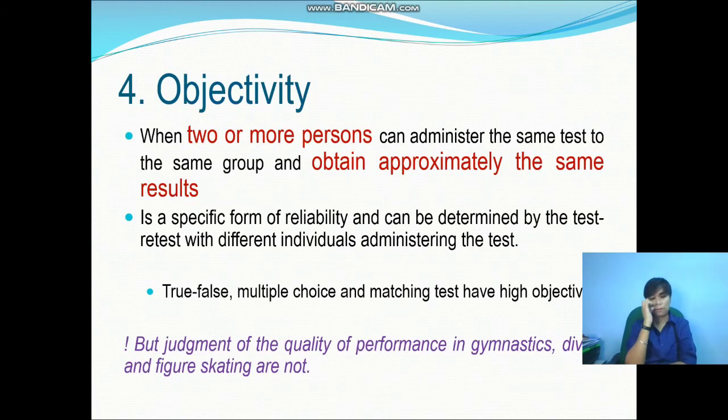Okay, the fourth one, objectivity. When two persons administer the same test to the same group and obtain the same result, it means the test is very good. That test has the objectivity character. For example, a true-false test. If I give the test to you, or Mr. A or Mr. B gives you the test, the same result will be obtained.